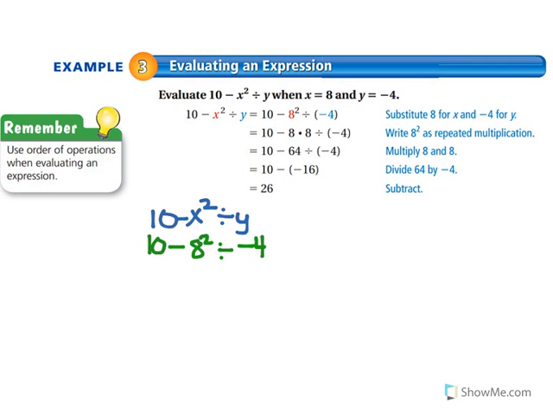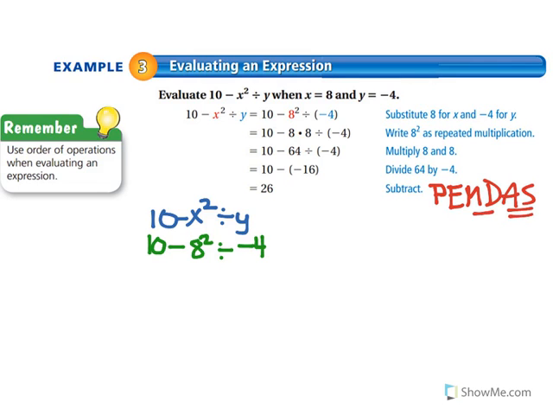We have to follow the order of operations. Remember PEMDAS, P-E-M-D-A-S, that stands for parentheses, exponents, multiply, divide, add, subtract.